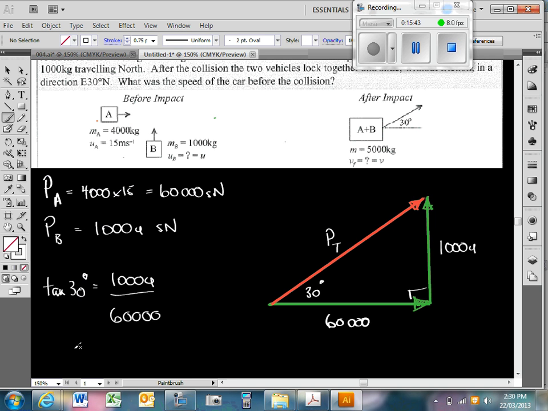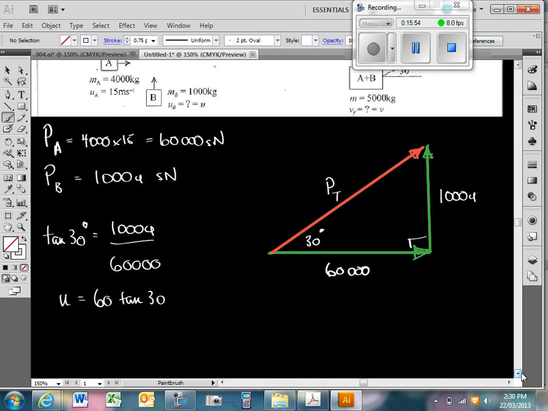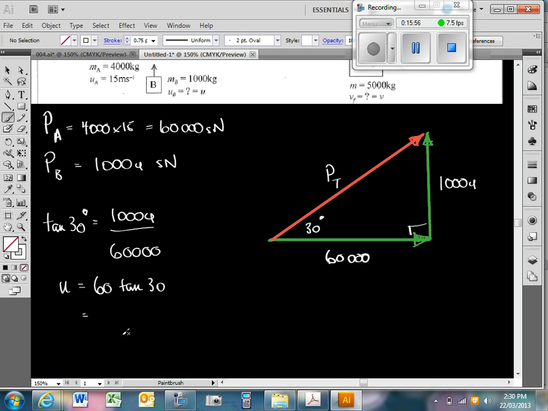So u equals 60 tan 30, which equals 34.64 meters per second.